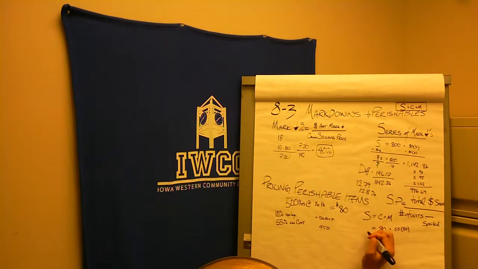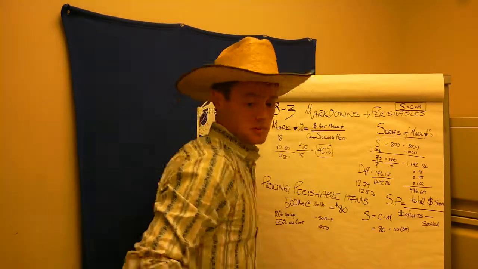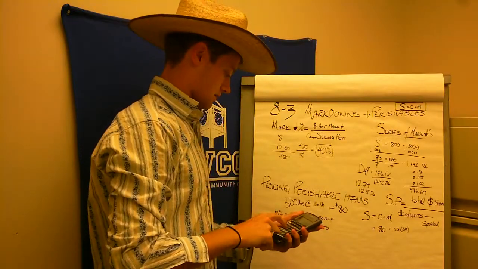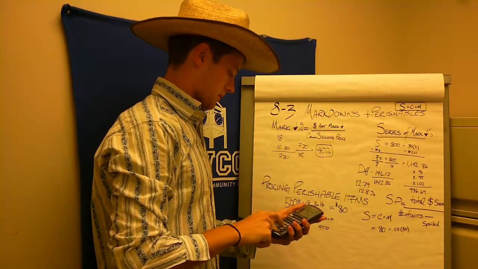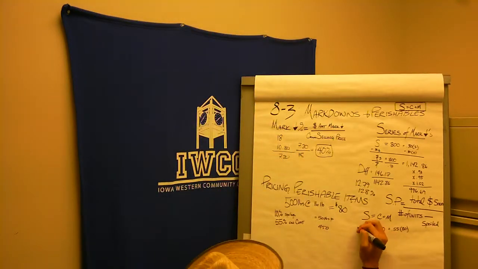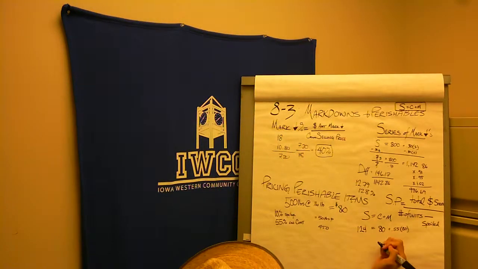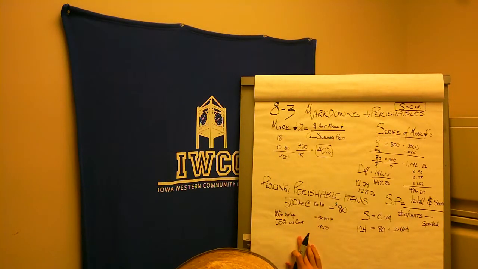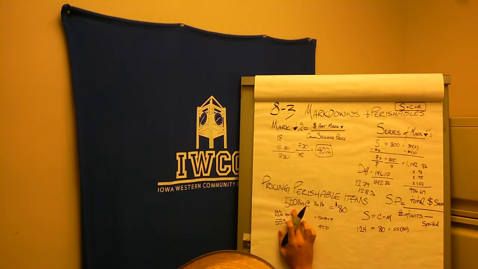We know that, so we know our selling price is going to be, calculator real quick, 80 times 0.55 equals 44, is $124. Now if we wanted to get it out to a per pound price, would we then divide by 500?